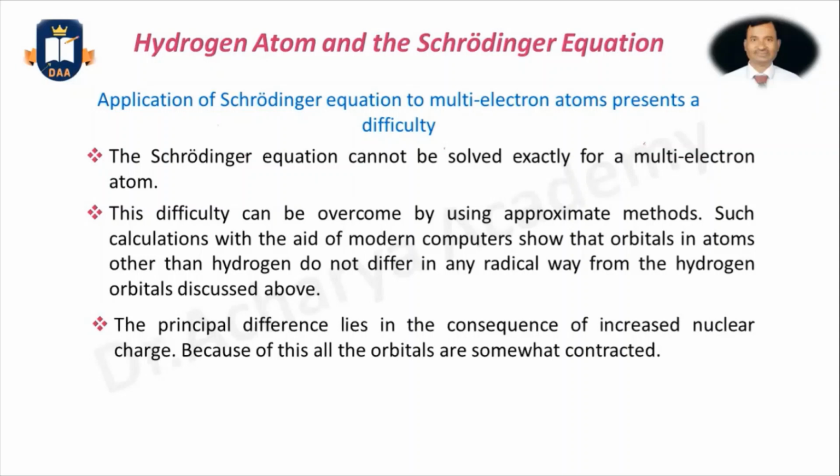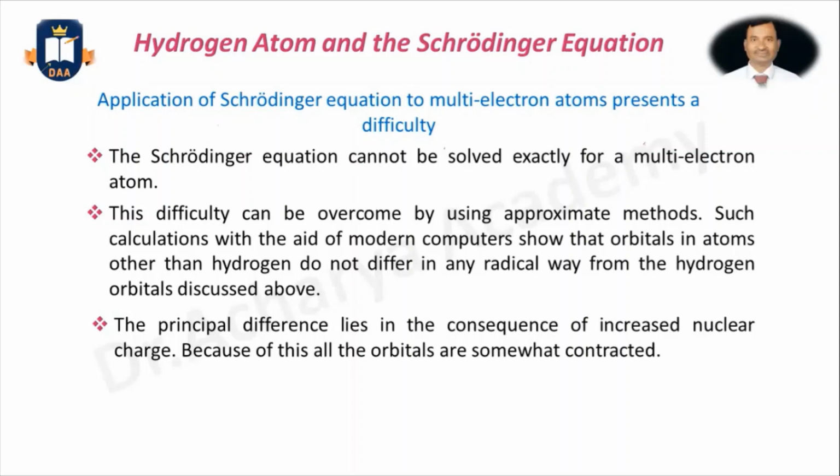But the principal difference lies in the consequence of the increased nuclear charge. We know that for multi-electron atoms the number of electrons will increase, and definitely the nuclear charge, that means the proton number, will also increase. That's why multi-electron atoms differ from a one electron system like hydrogen.